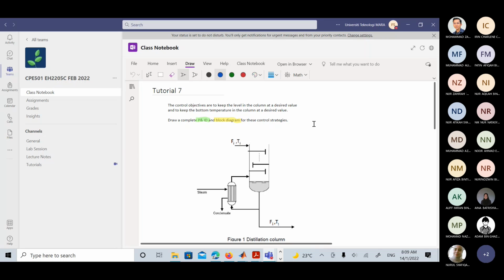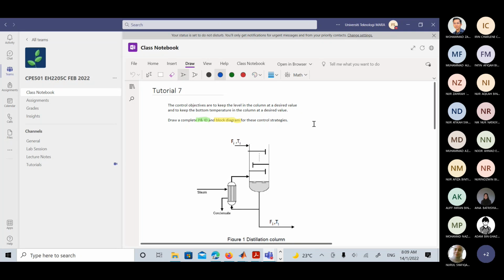So could someone help me to draw for the first control objective, which is the level control? Anyone, can you draw me a control strategy for the level controller?